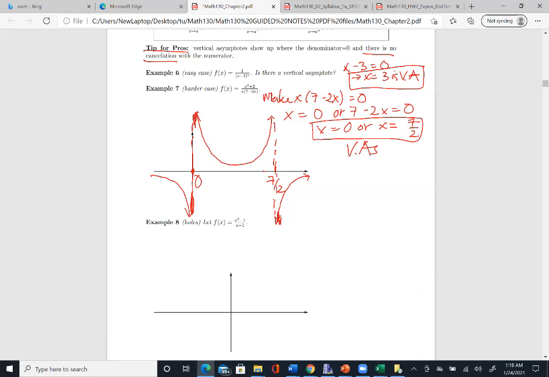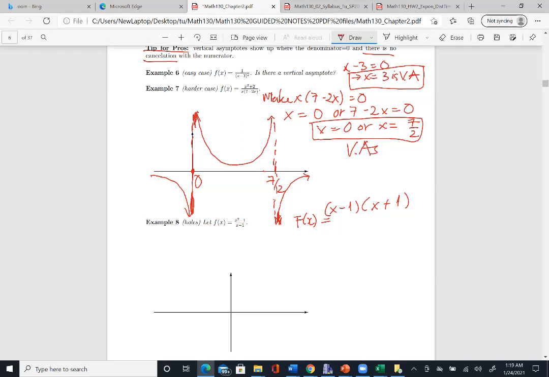In this case, let's try to factor first. f(x) will be equal to (x minus 1) times (x plus 1), because it is a difference of two squares, so you can apply the formula, and the bottom stays the same, x minus 1.